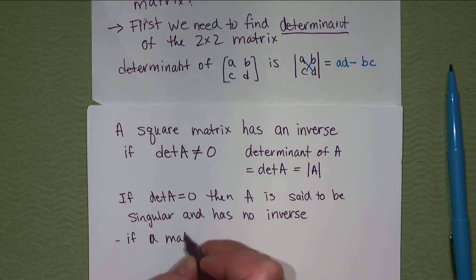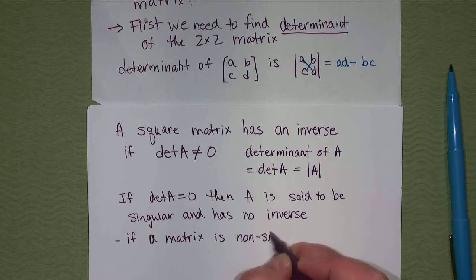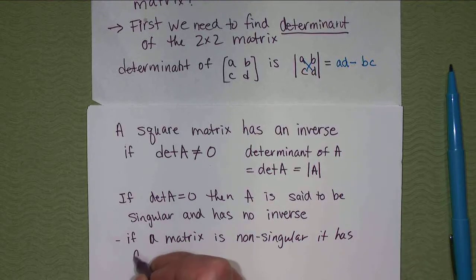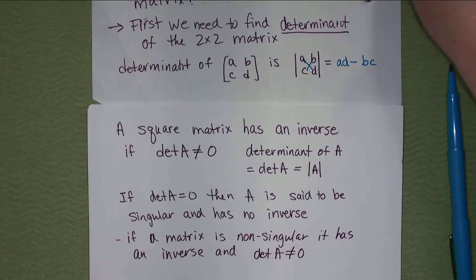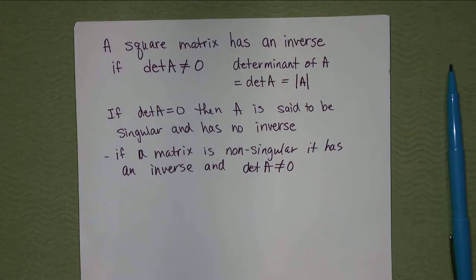If a matrix is non-singular, it has an inverse. And the determinant of A is not 0. So I want to say that sort of both ways. So singular, to remember, like I say, if you're single, you don't have a partner, right? So if a matrix is singular, it has no partner. It has no inverse.